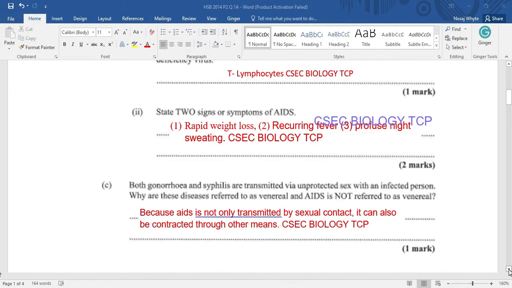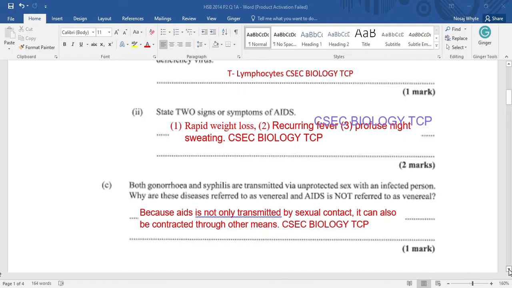Now, the thing about venereal diseases is that they are transmitted via sexual contact. The thing about non-venereal diseases, they can also be transmitted via sexual contact, but there are many other ways in which these diseases can be transmitted, as we would have seen with AIDS earlier when we looked at ways in which one could contract the disease.